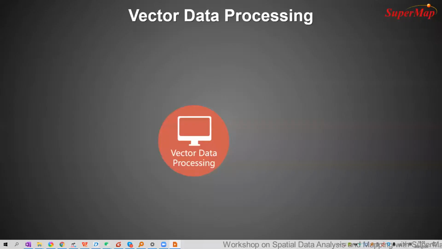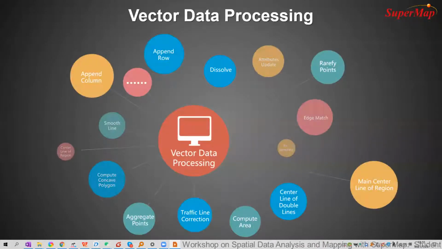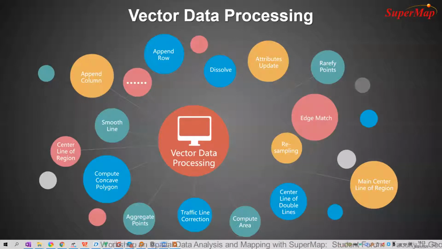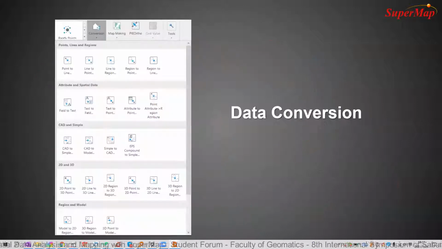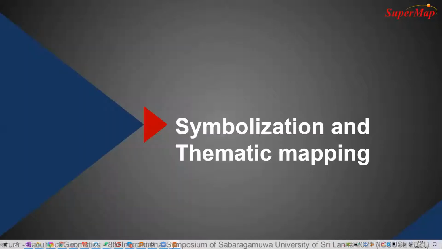For the vector data, we always need to do vector data processing based on it, such as dissolve, append rows, merge, or append column, attribute update. So in iDesktop, there are a lot of functions provided for you to do the data conversion.